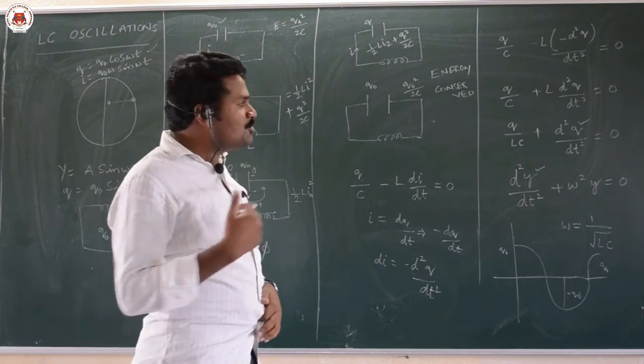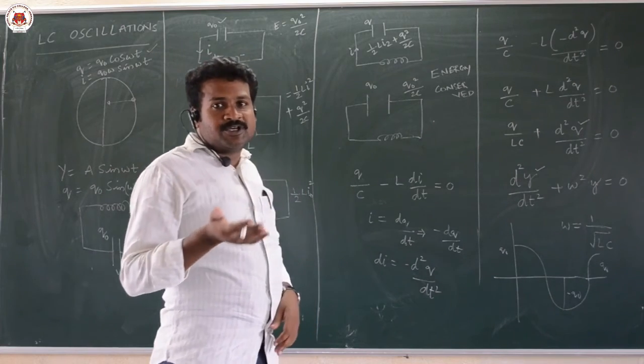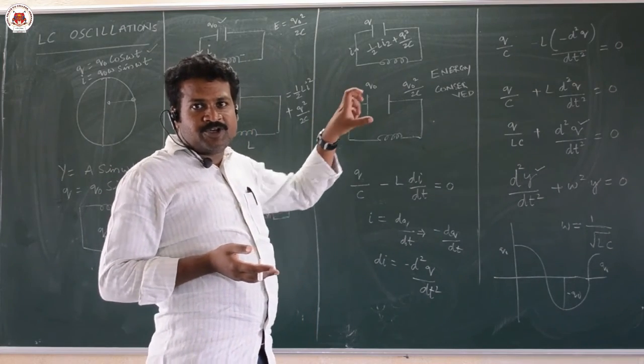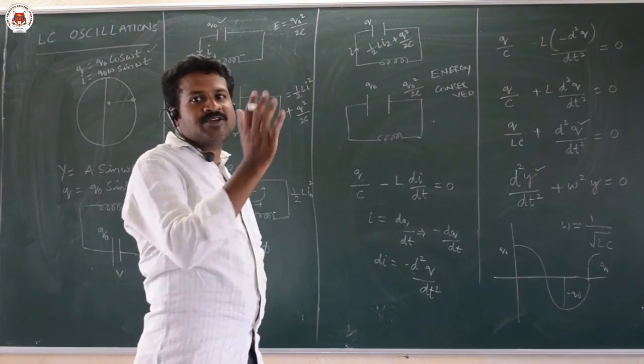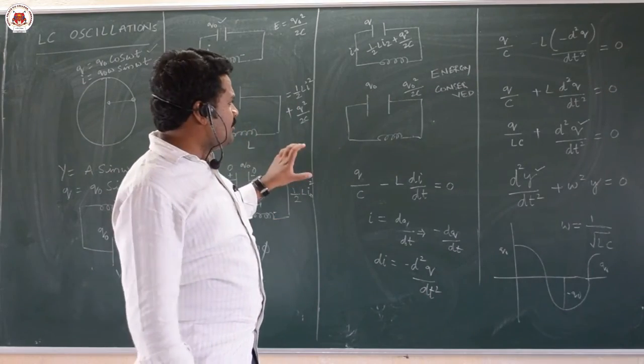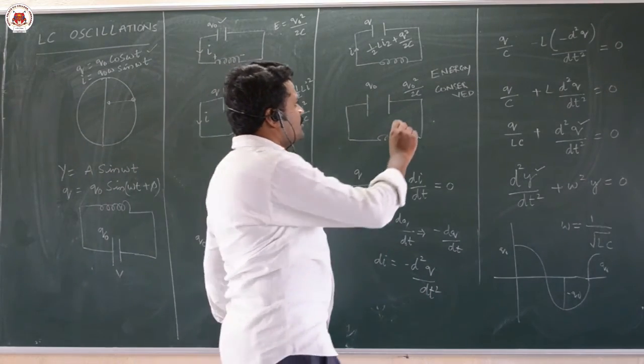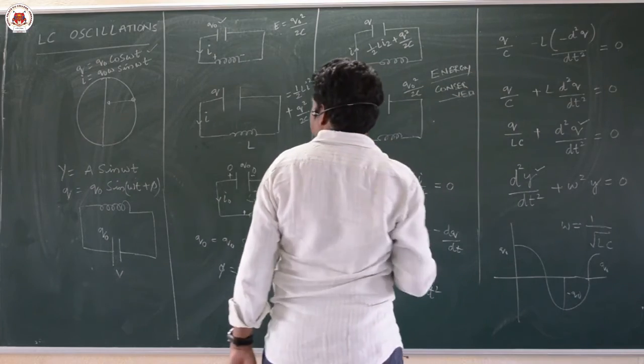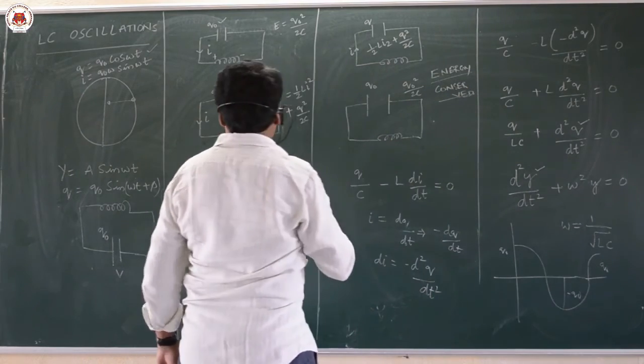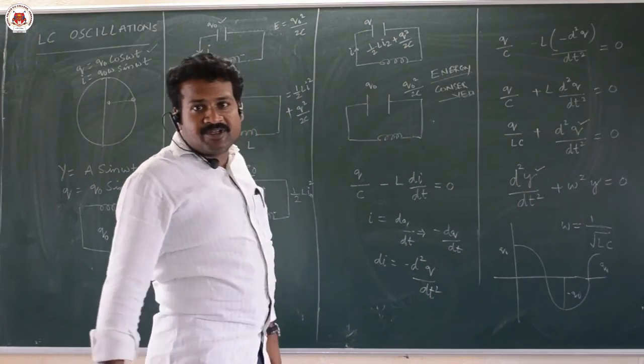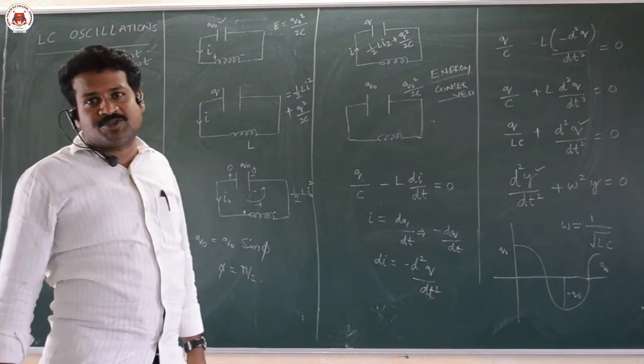Like this energy goes on. Electrical energy is converted into magnetic energy, which is converted into electrical energy. Like that energy keeps oscillating. And for the ideal condition, that is when inductor and capacitor are ideal, we can consider that energy is conserved.